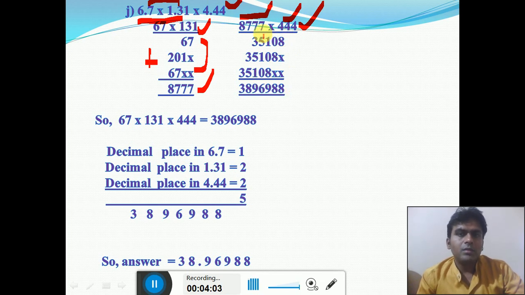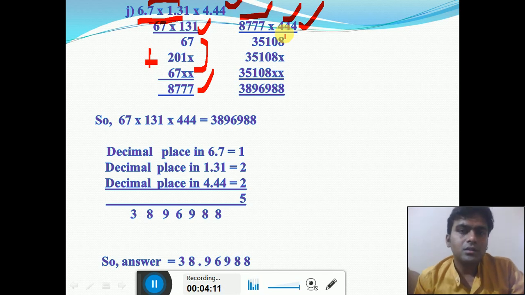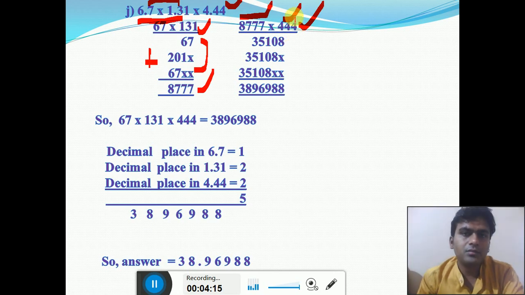So when I multiply this 8777 with 444, when I multiply this with 4, 4 sevens are 28, carry over 2, 4 sevens are 28, 28 plus 2 is 30. So here I write 0 and carry over again 2, carry over 3.